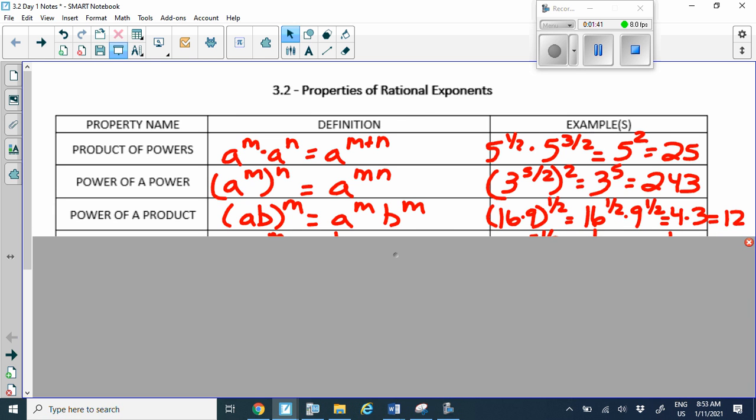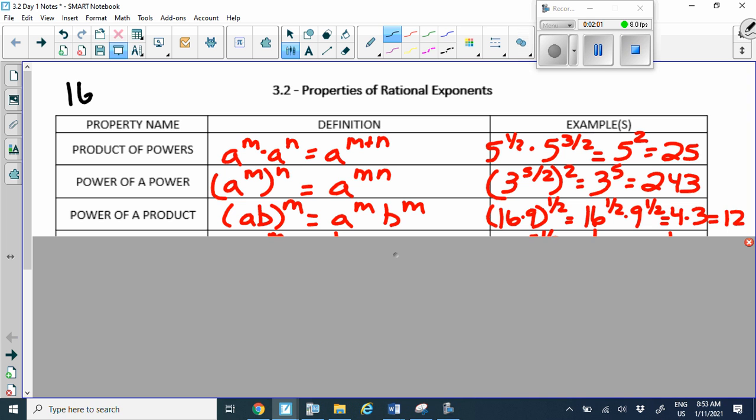Now, as a power of a product, we have 2 different bases. It's being raised to the same power, and then it becomes a to the n times b to the n. So let's look at 16 times 9, and they're both being raised to the 1/2. So we have 16 to the 1/2 times 9 to the 1/2. Now remember, anything with the 1/2, that can be rearranged.